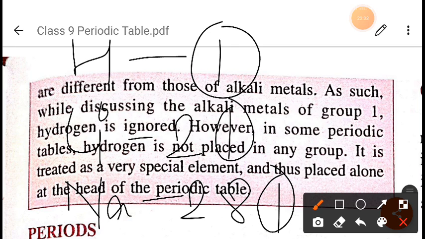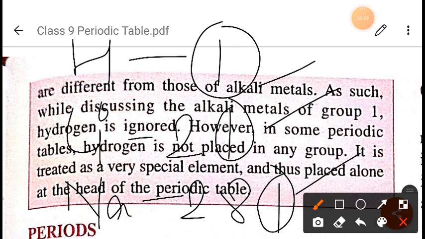Both hydrogen and the alkali metals have one valence electron, right? As you can see here, one valence electron. But the hydrogen atom's size is very small as compared to the size of the alkali metals, which are lithium, sodium and potassium. Therefore, most of the properties of hydrogen will be different from the alkali metals, okay?